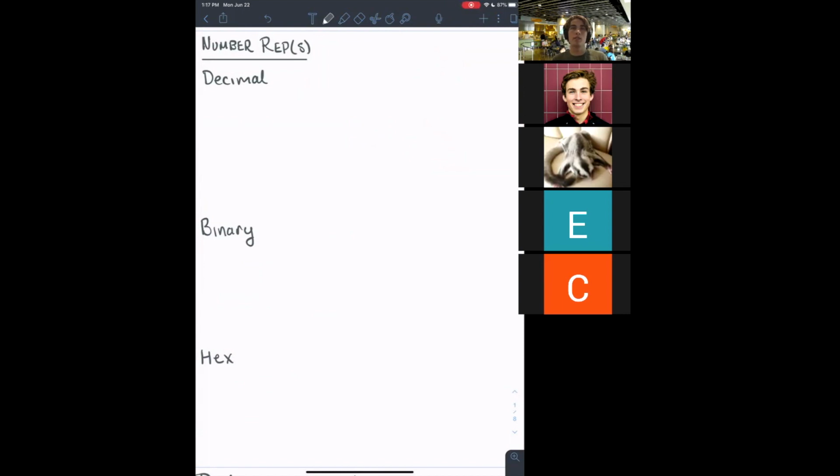This is base 10, what we are used to writing numbers in. And the reason we're going to talk about it here is because this gives us a familiar starting point for using other bases, like base 2 in binary and base 16 when we get to hex.